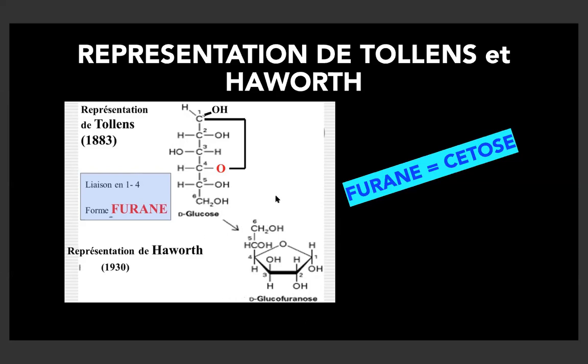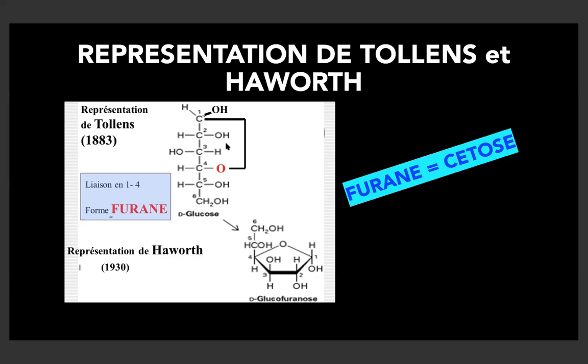This is just a representation to show you, because in the glucides, every chapter we study will deal with the glucose molecule. We are going to use the glucose molecule because it's our reference, just like we did with fructose, galactose, and other things. Glucose, like I said, is an aldose.